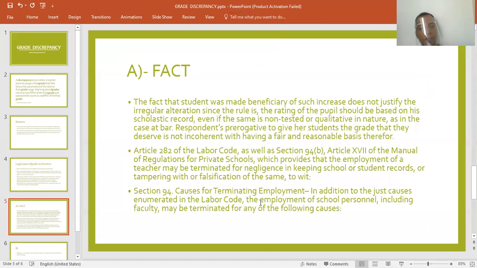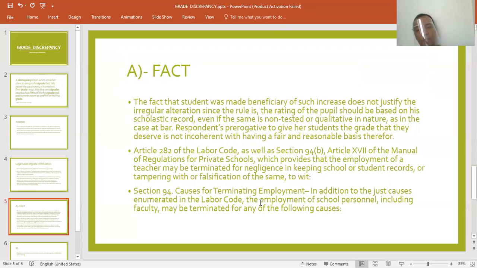Another fact, the student was made beneficiary of such increase. There is an instance where this teacher, this academic head, and so on wants to change, and even if the teacher approves the changes, it does not justify the irregular alteration, since the rule is the rating of the pupil should be based on his scholastic record, even if the same is non-tested or qualitative in nature, as in the case of the bar.